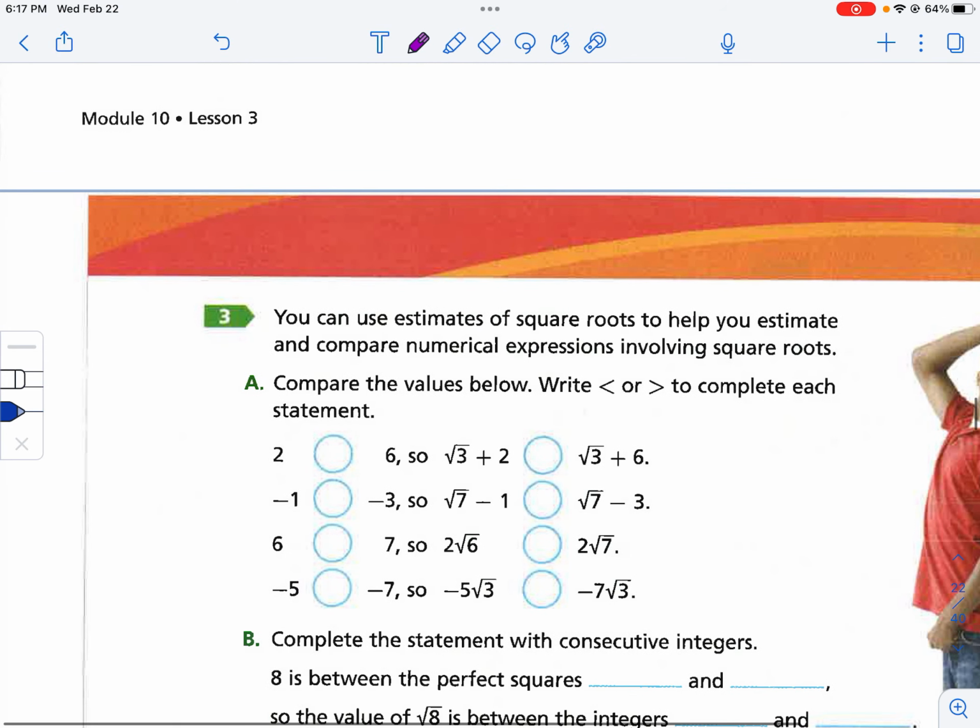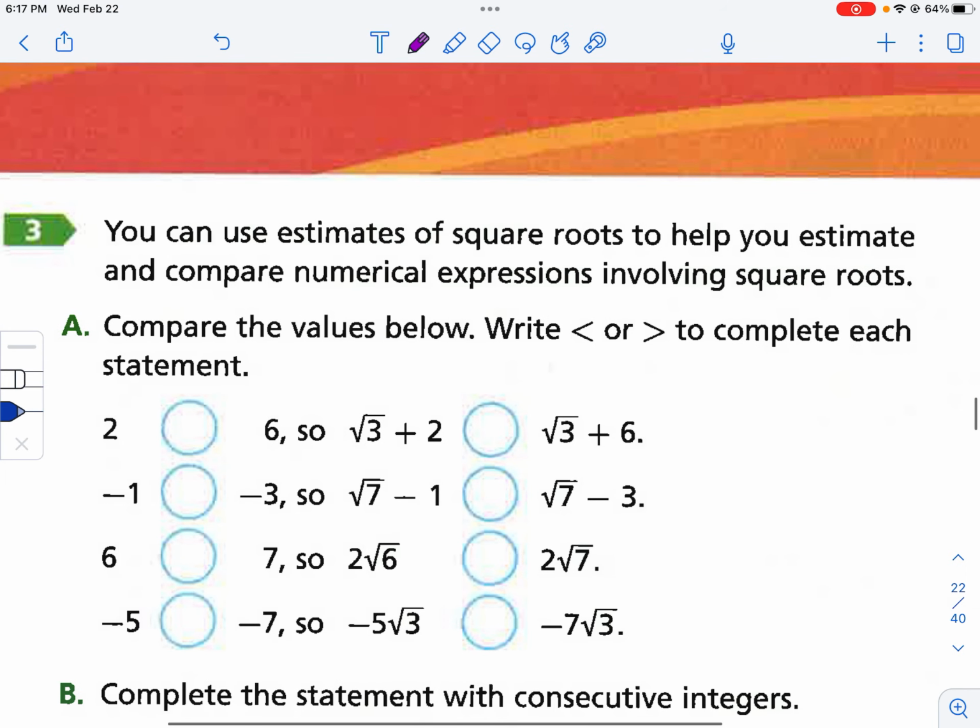Okay, so here we go. You can estimate the square roots to help you estimate and compare numerical expressions involving square roots. Compare the values. If I look at this, 2 is what to 6? It is less than 6.